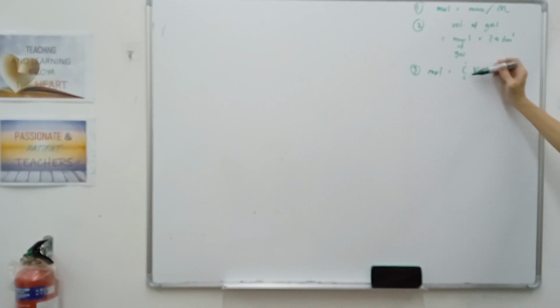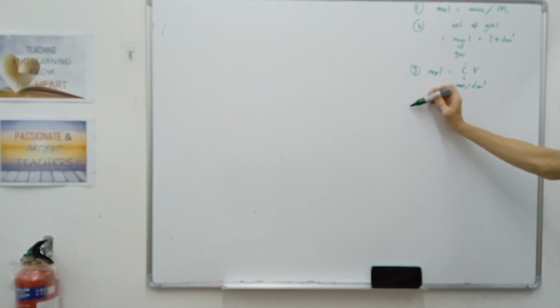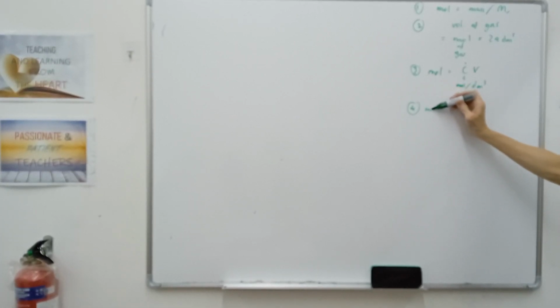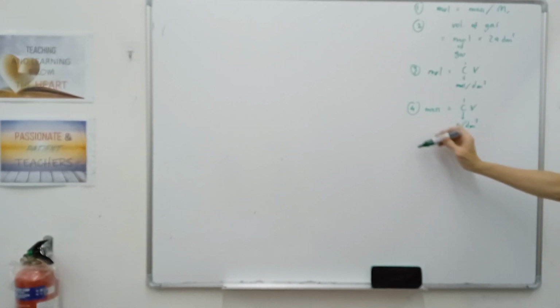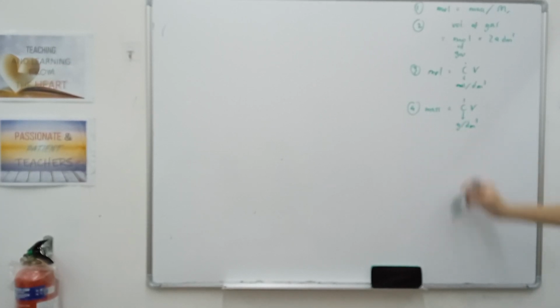Make sure your concentration is mole per dm cube. Formula 4: mass equals CV as well. But of course, in this case, your C is in gram per dm cube. Okay, 4 basic formulas, even though I gave you one more last week. That's all. Just based on this, you can work out everything.